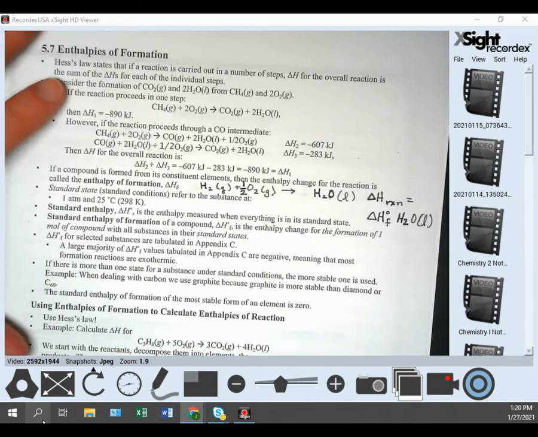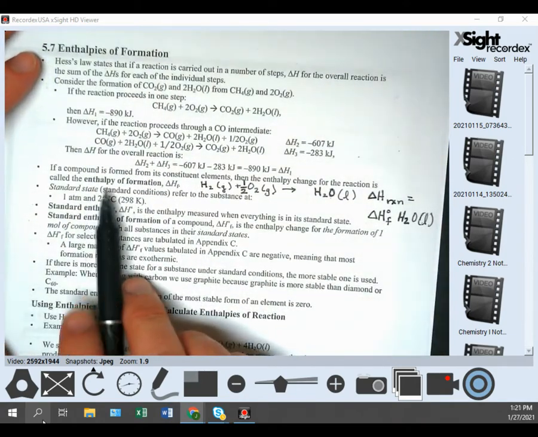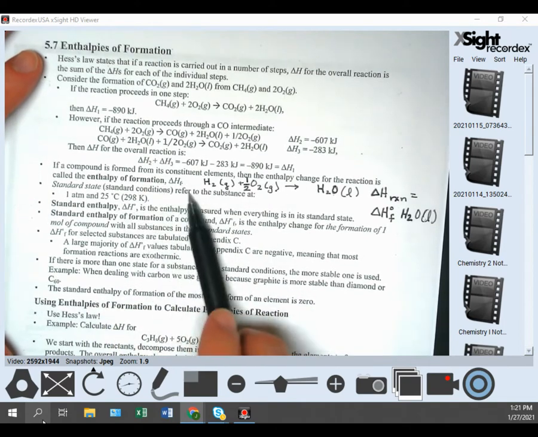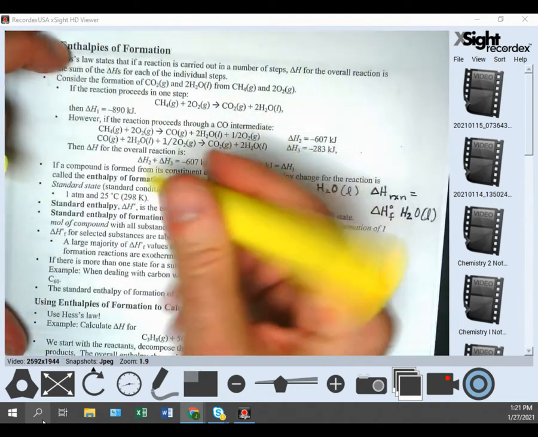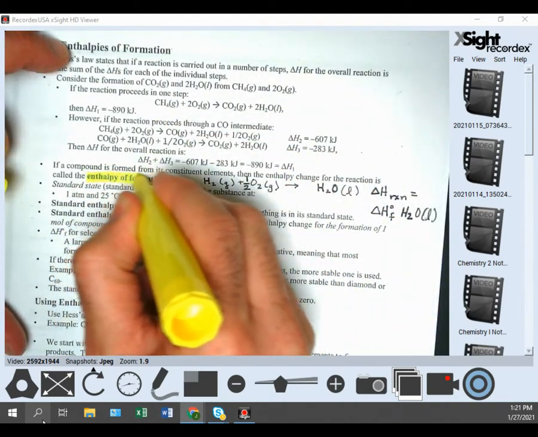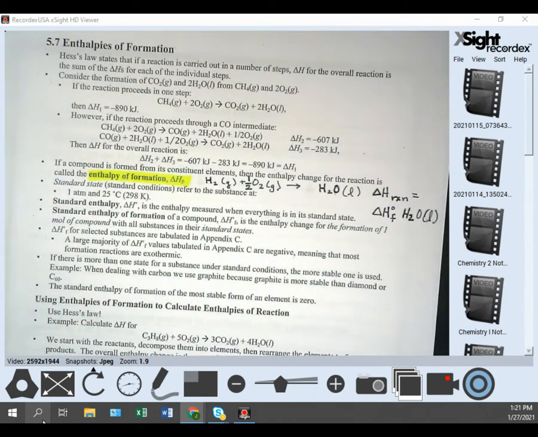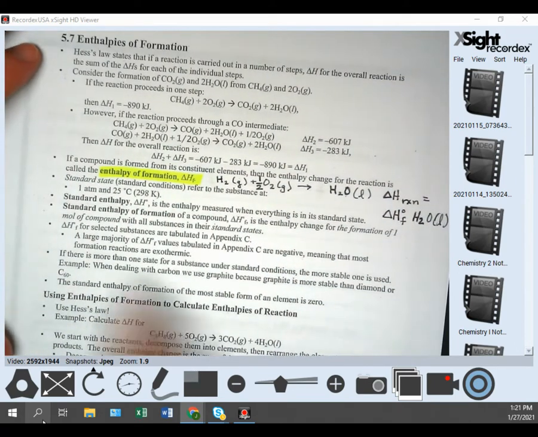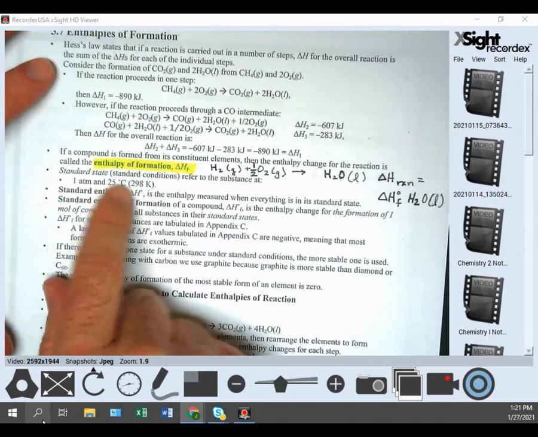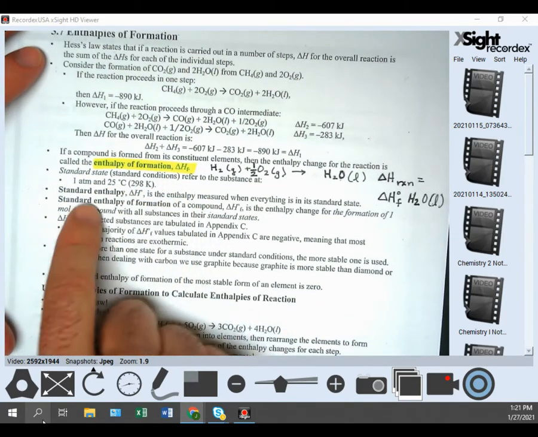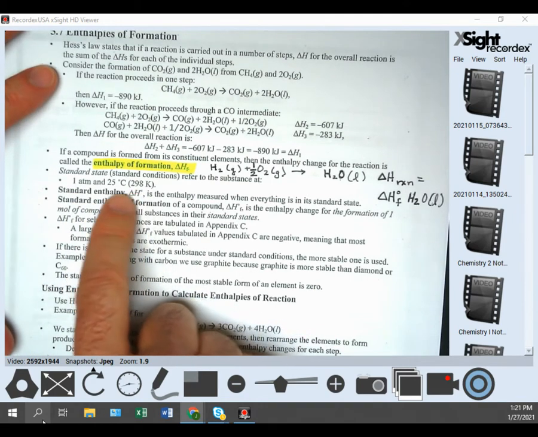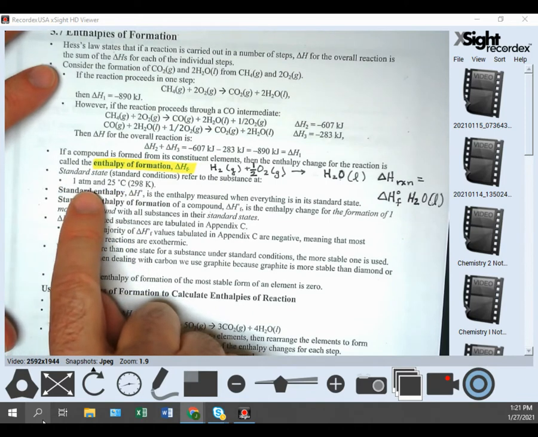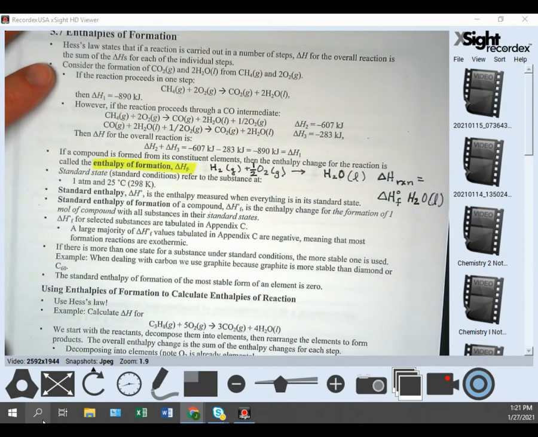Okay, so the standard enthalpy of formation is delta H sub F. I'm just going to highlight that so you see the variable there. Standard conditions refer to the substance at 1 atmosphere and 25 degrees Celsius, 298 K. We didn't really deal with STP yet; that's gas laws, we'll do that next unit.